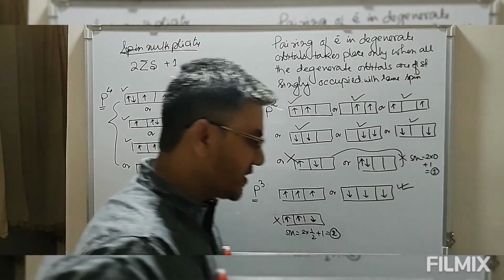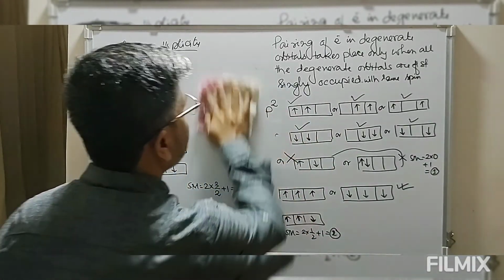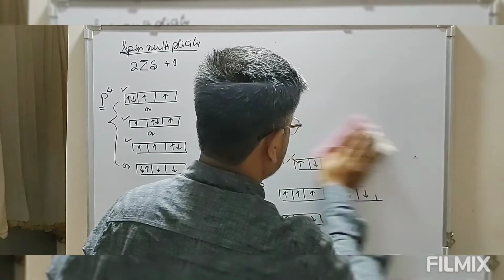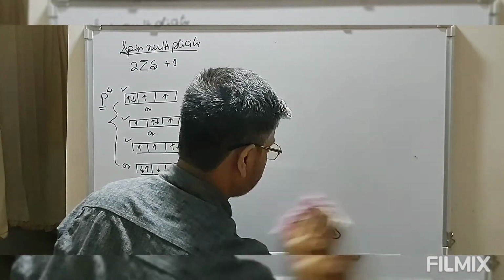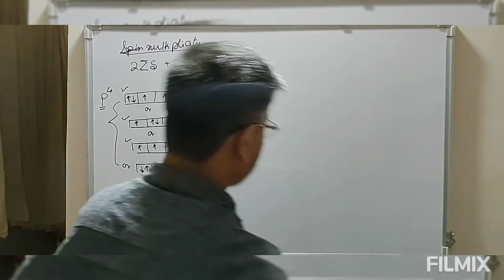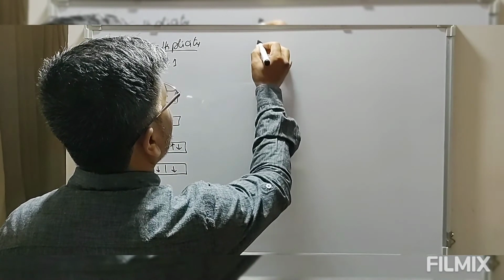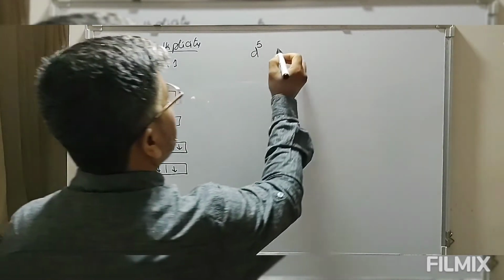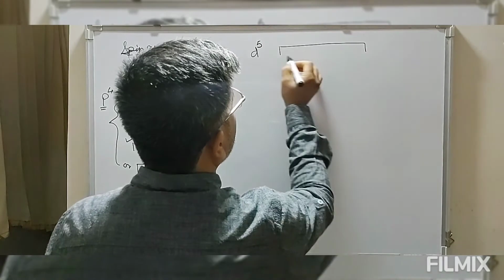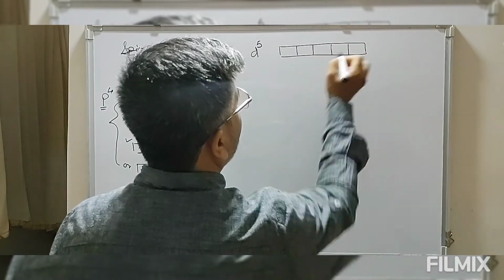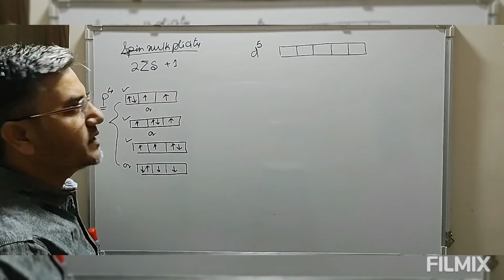In the same way, let me give you some examples of degeneracy with singly occupied orbitals. Take this: we have to place 5 electrons in d orbitals. D has 5 orbitals, and all these 5 orbitals are degenerate.